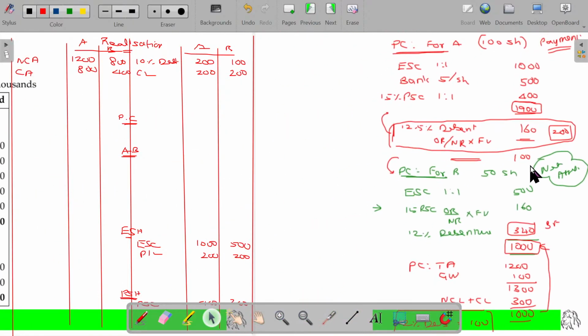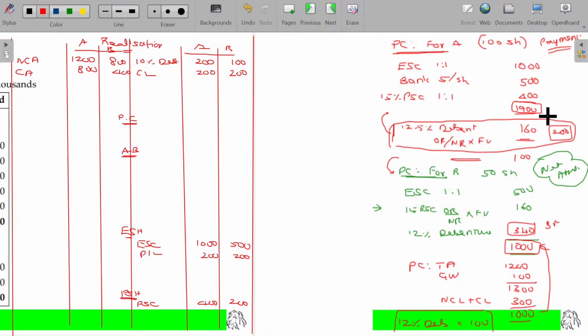The purchase consideration for company A being 1900, for B it is 1000. This will be transferred to the next account, purchase consideration, here realization account 1900 and 1000. This amount will be payable by AB. So now I am passing the due entry, 1900 and 1000. Transfer that to AB, purchase consideration 1900 and 1000.